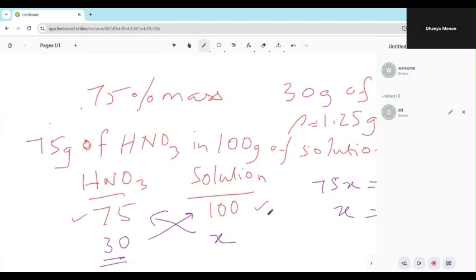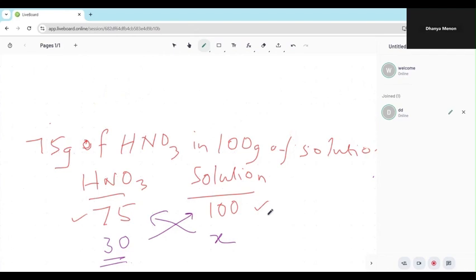Okay, so when we cross multiply, students, in order to do the calculation, I'll just drop this part.